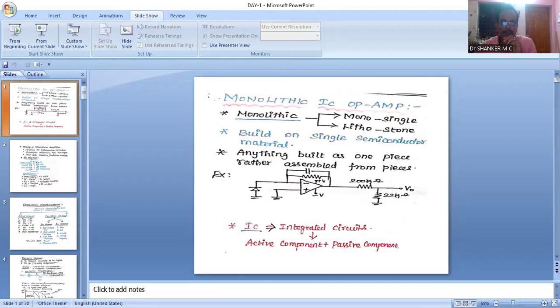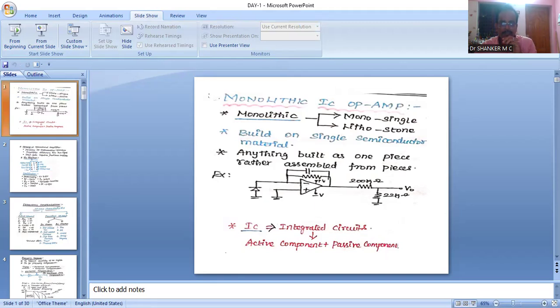Common mode gain we can obtain with the help of this equation: the common voltage is equal to V1 plus V2 divided by 2. Therefore, V0 we can write as AC, that is called common mode gain, into Vc, that is the common voltage. Therefore, the output voltage V0 is the combination of AD Vd, that is differential gain and differential voltage, plus AC Vc, common gain and common voltage.